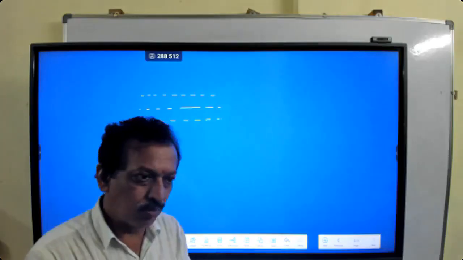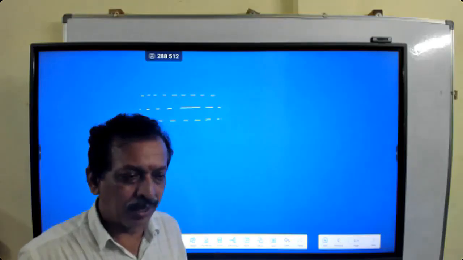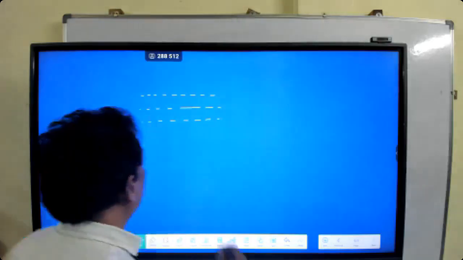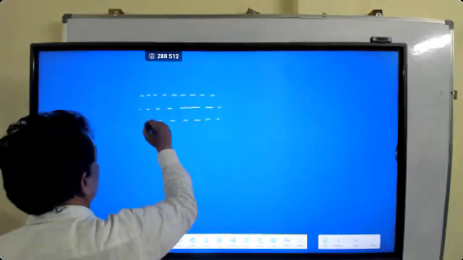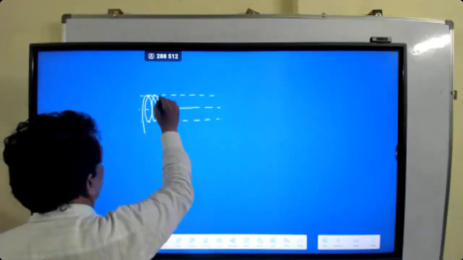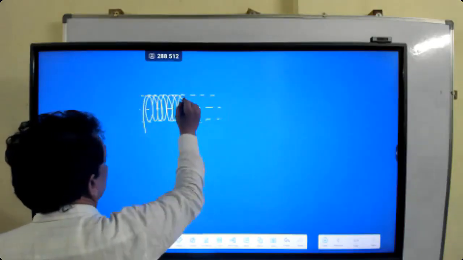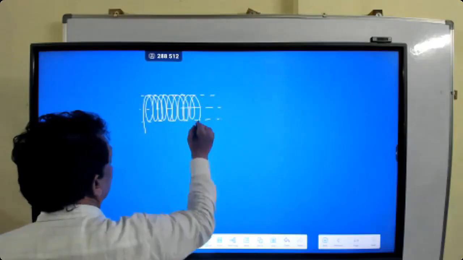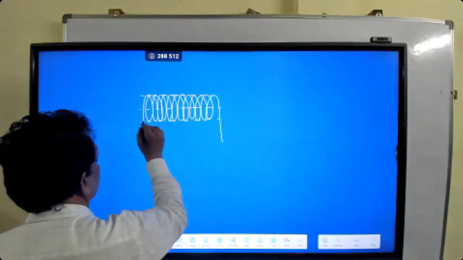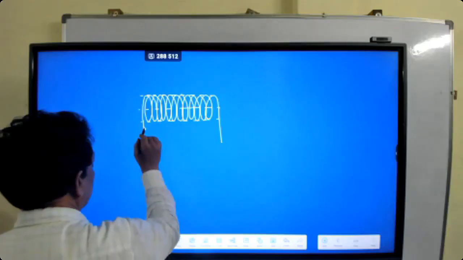Copper wire wound, then remove the pencil or pen. How is it looking? Like a spring. That is called an air core coil, and this is the axis of it. You call this a solenoid.